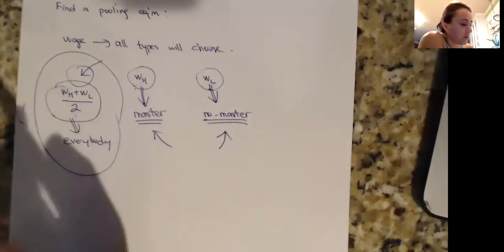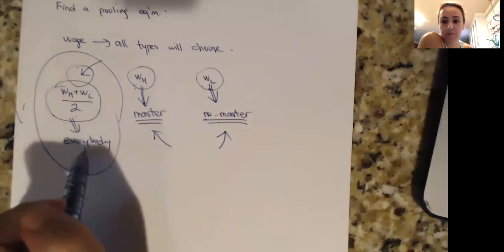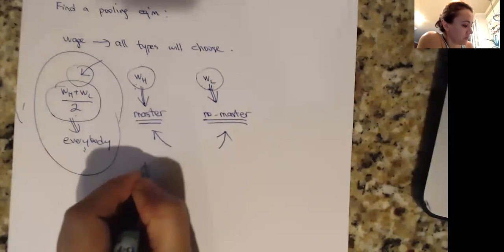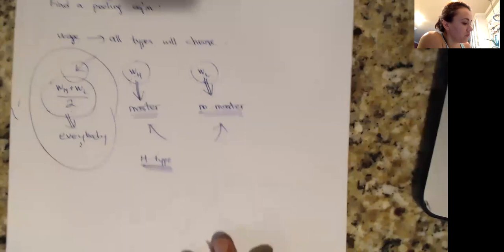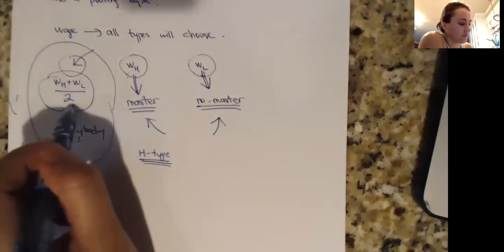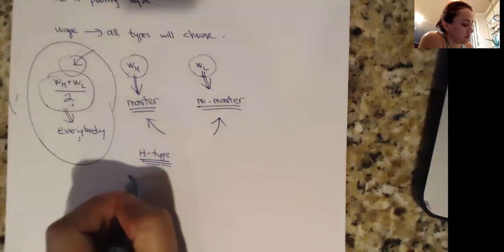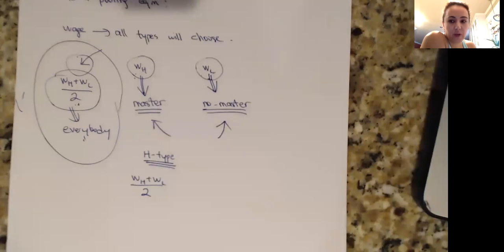Remember, I'm trying to make everybody choose this contract. So let's start with the high type. If you're a high type worker, I want you to choose this. So if you choose this, you are going to have this wage.